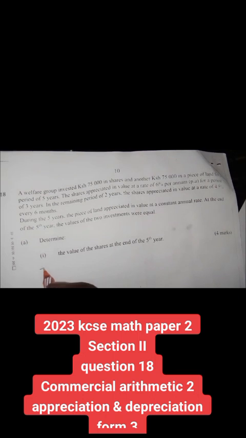So we have the shares, which is 75,000. This one becomes the principal. For the time, it is not all 5 years, it is first 3 years, then 2 years.